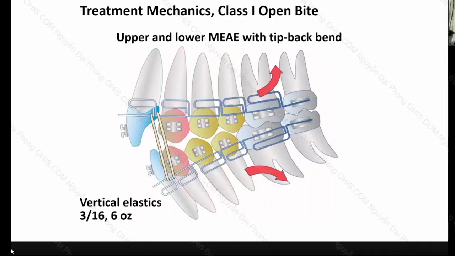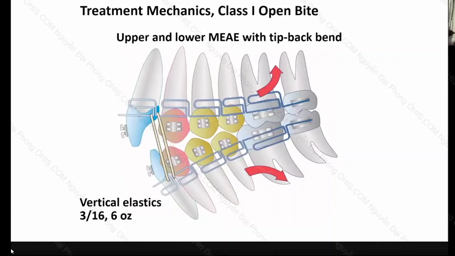Then I put what we call a tip back bend, something like the curve here, like a rocking chair, the type of curve.